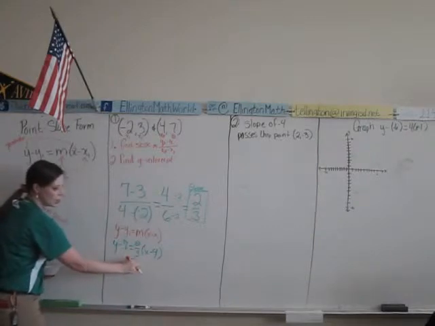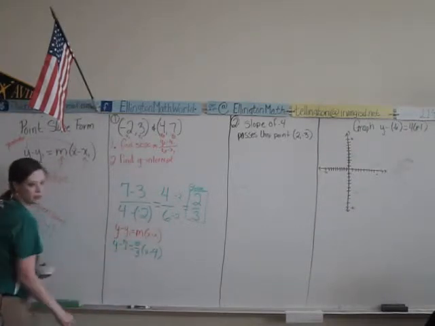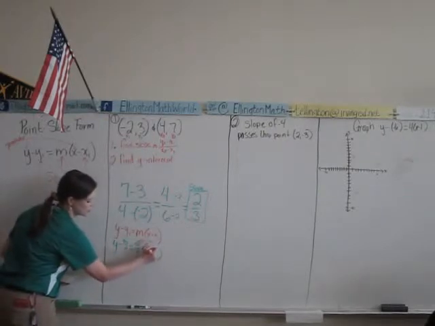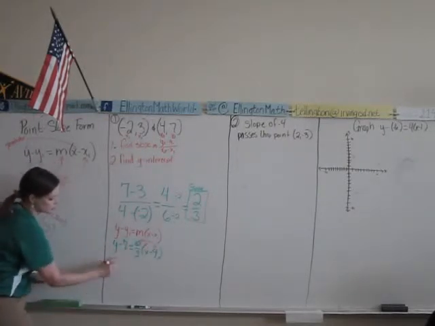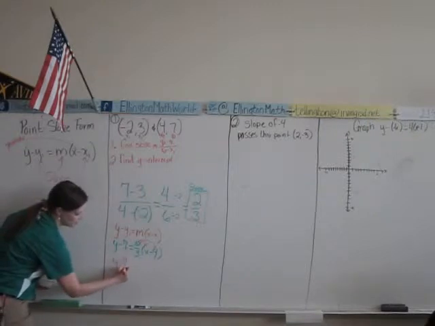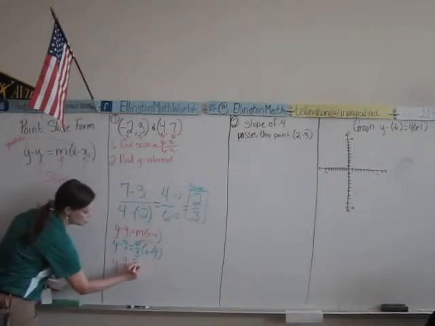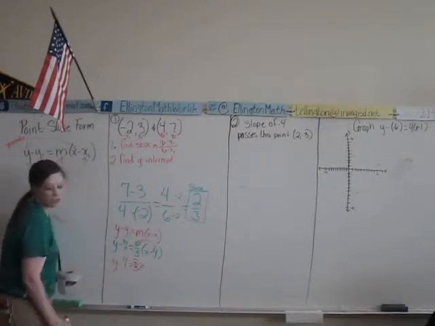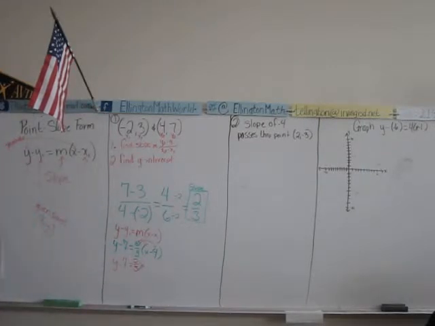So when I have a number outside of parentheses, what do I do with it? Distributive property. I'm going to multiply it across everything inside. So now I have y minus 7 equals 2/3 x, 2/3 times a negative 4. This is when you get a calculator. Once you have a calculator, you punch it in. Does anybody already have a calculator in front of them?